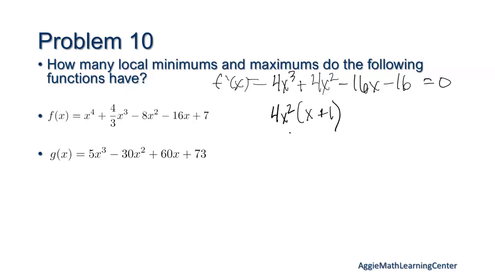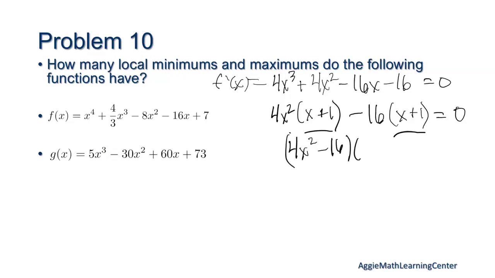So I can also pull a negative 16 out of the next two. So I'm going to pull out minus 16. That leaves me with an x plus 1. Does everyone agree? And then I have 4x squared of something minus 16 of that same something. So I can just combine like terms and say it's 4x squared minus 16 of our x plus 1.